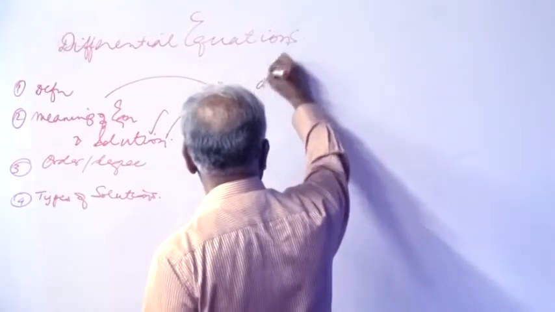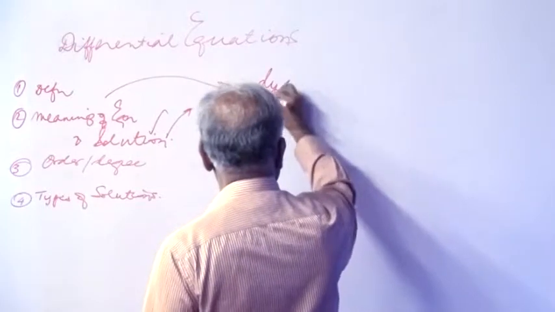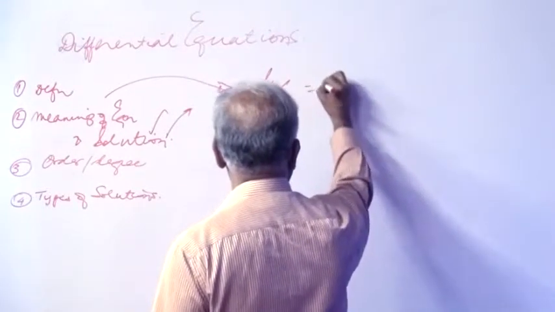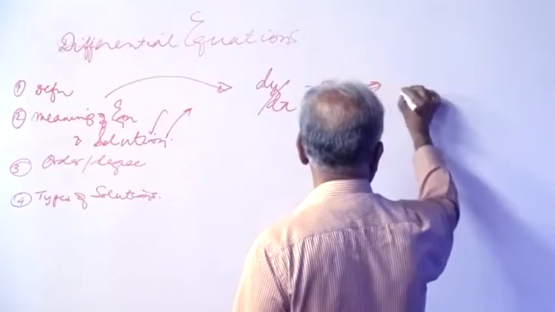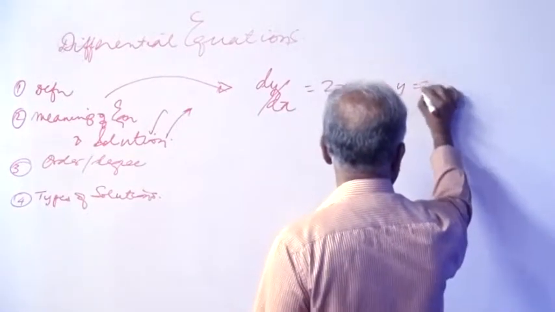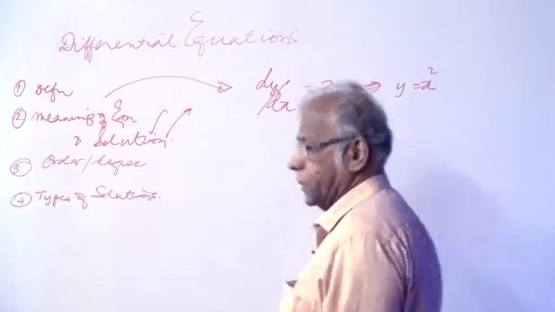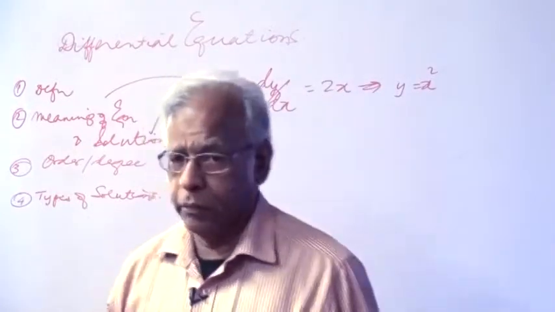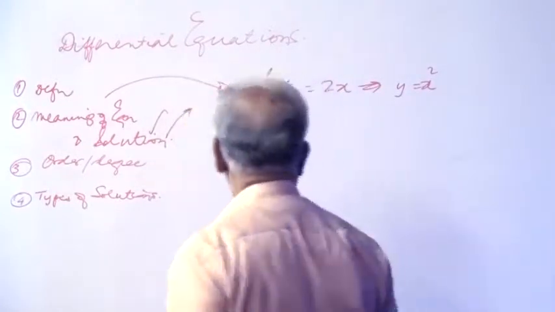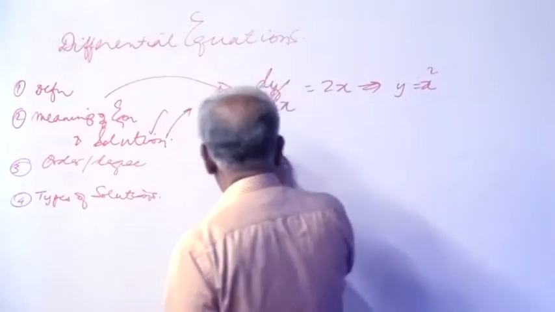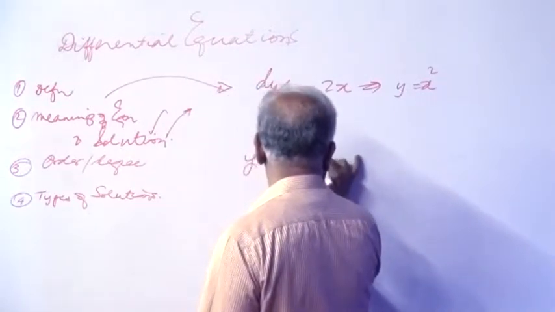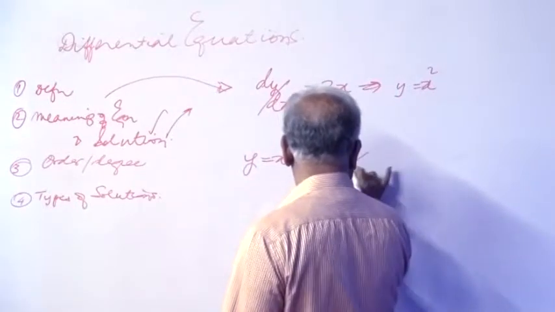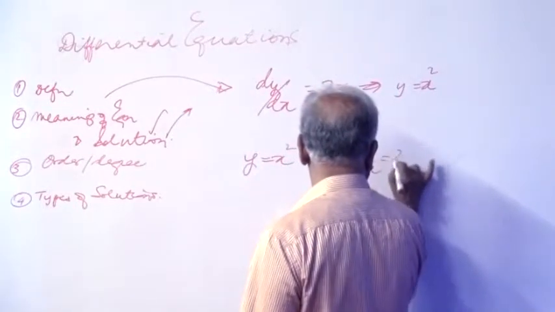We have learned in high school that when we have dy dx is equal to 2x, this implies that y is equal to x square. I am purposely omitting something which we'll get back to later. Let us start with a function y is equal to x square, and this implies dy dx is equal to 2x.